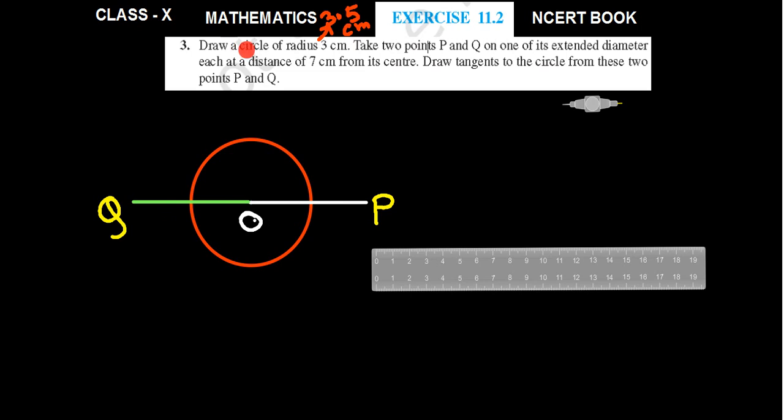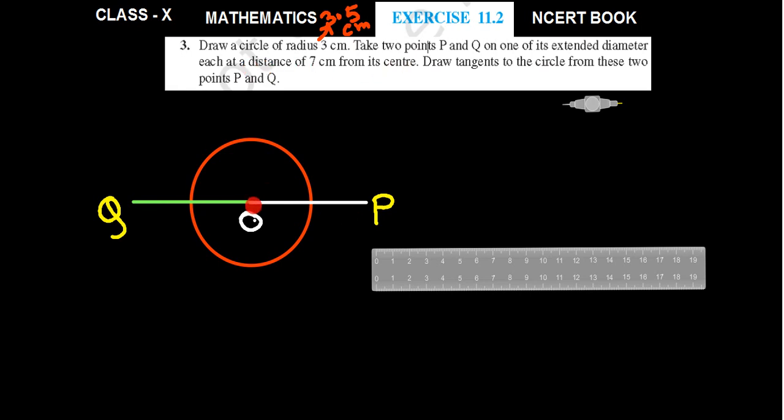So it is your question. Draw a circle. We have drawn it, in spite of 3 centimeter we have drawn 3.5 centimeter. Then we have taken P and Q on its extended diameter, each at a distance of 7 centimeter from the center.